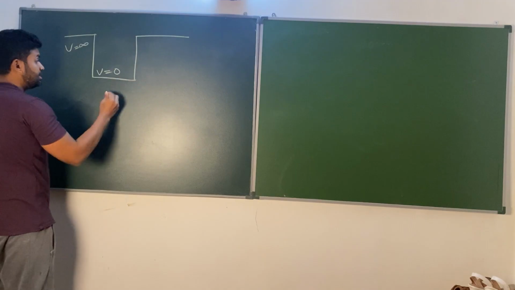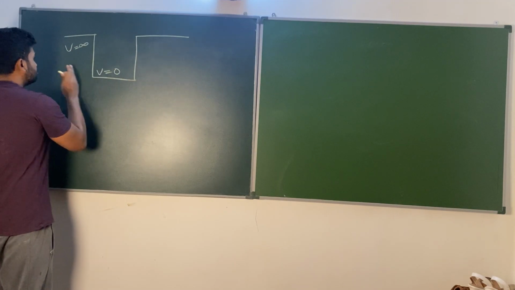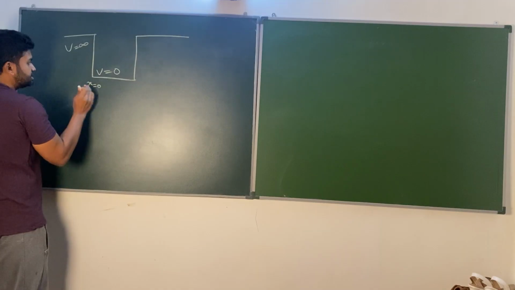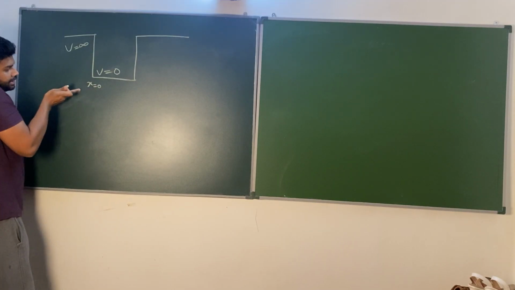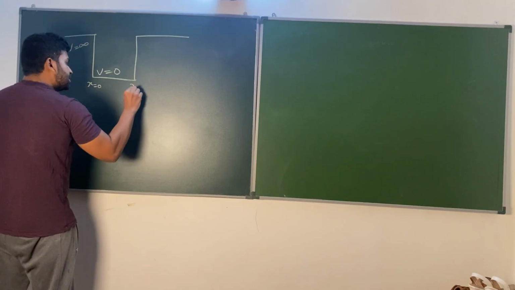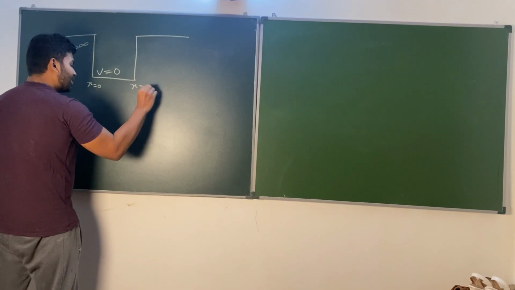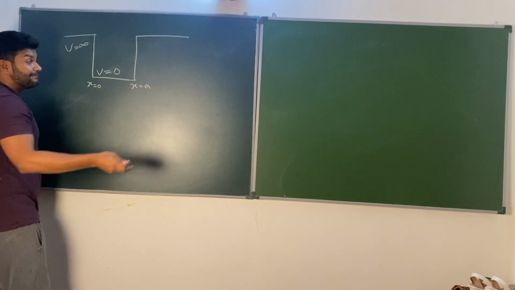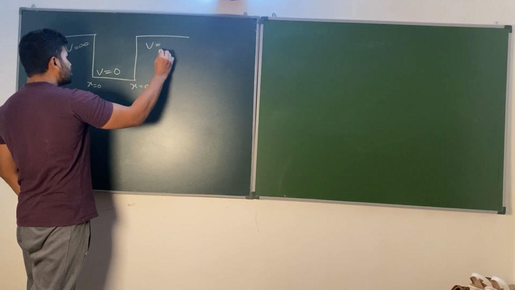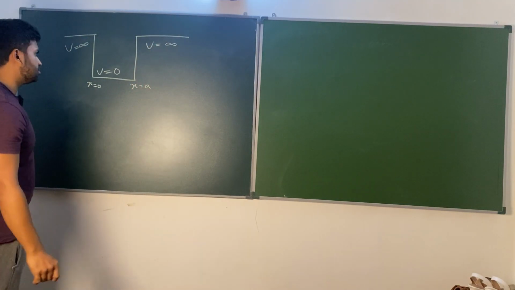And even here, now, if I start with x equals 0 here, this is the x equals 0 point, and this is the region where x is less than 0. And here there's a point, that's x equals a. And even here the potential is infinitely large, right?